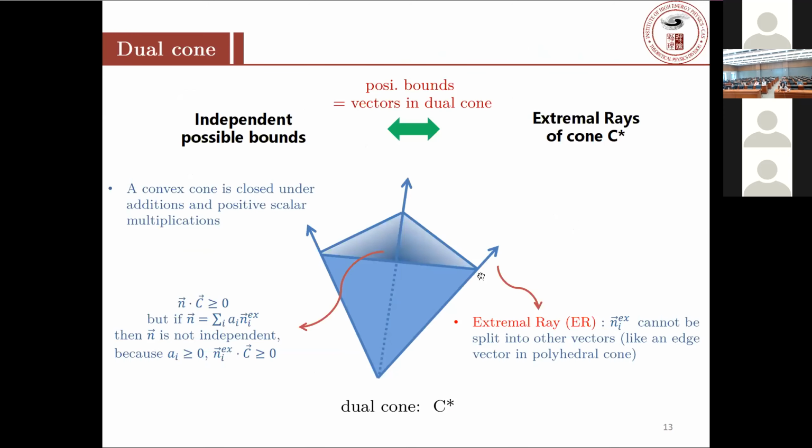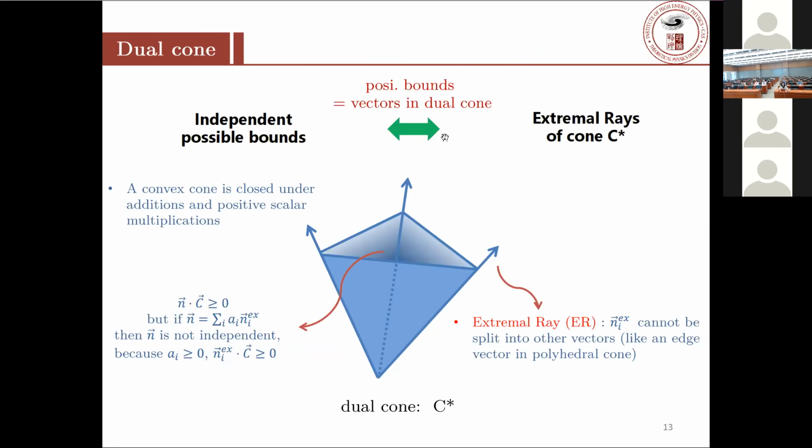Since our goal is to find the independent bounds, and in the last slides we know the positivity bounds are equal to vectors in the dual cone, it is easy for us to know which vectors are independent in the cone. If we look at the definition, the convex cone is closed under additions and positive scalar multiplications.